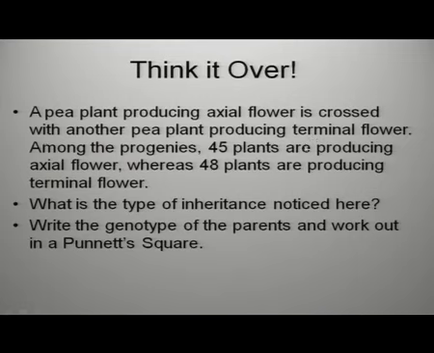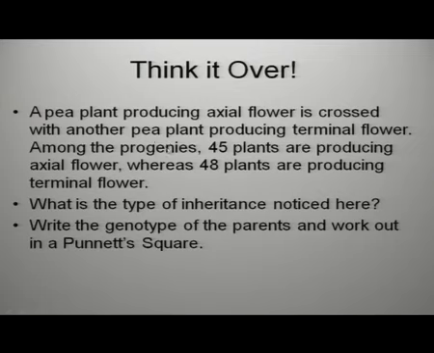Now, already we have discussed about the characters, contrasting pairs of characters, which one is dominant and which one is recessive. As you know that axial flower, it is dominant, whereas terminal flower is recessive.